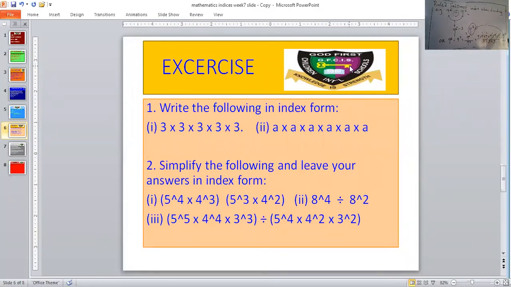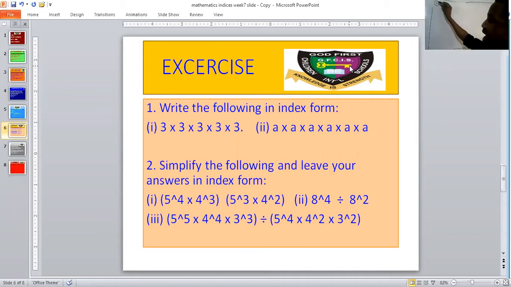Very simple, right? Easy peasy lemon squeezy. So come with me, let's do this. Number 1 says, simplify or write the following in index form.